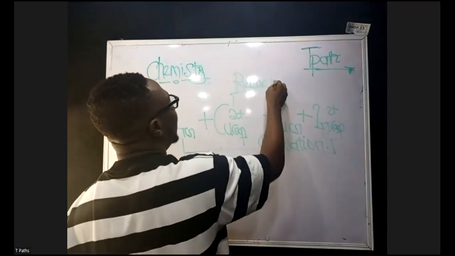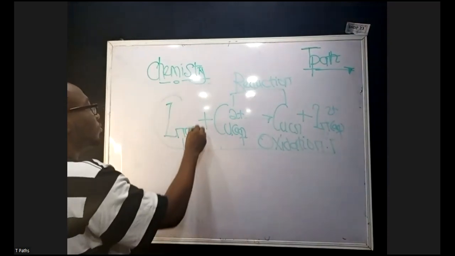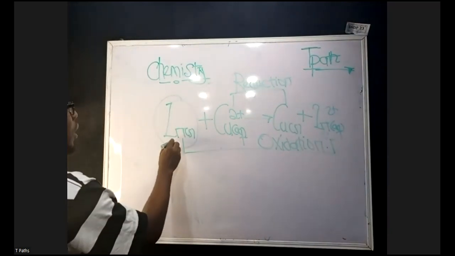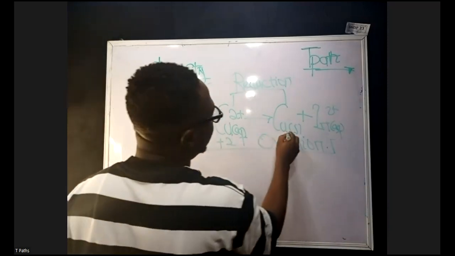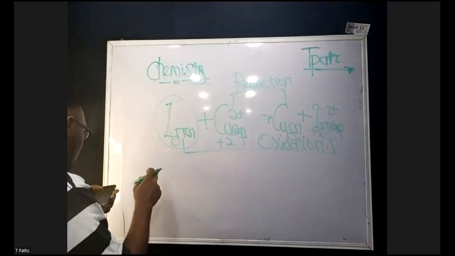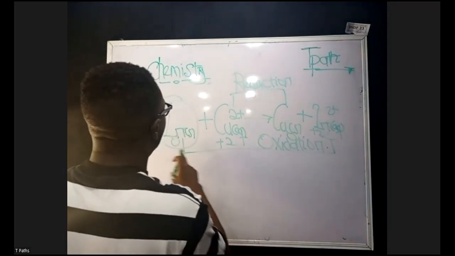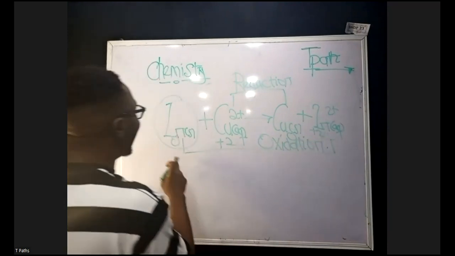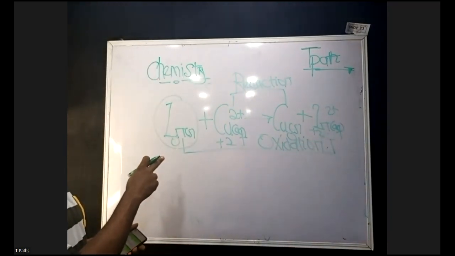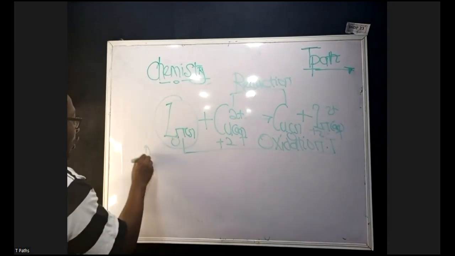Now, how do we determine the oxidizing agent and the reducing agent? Zinc itself had an oxidation number of 0. This is plus 2. We can clearly say here from 0 to plus 2, there has been an increase in oxidation number. And such a substance can be said to be a reducing agent.